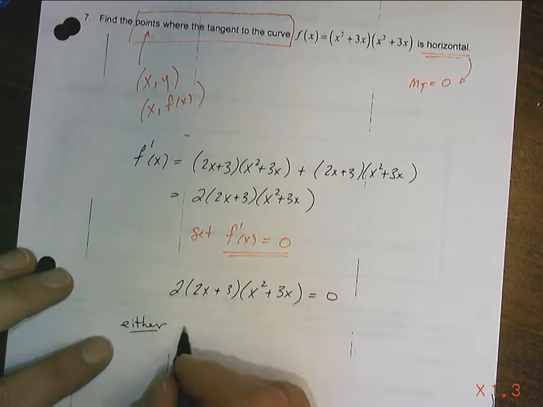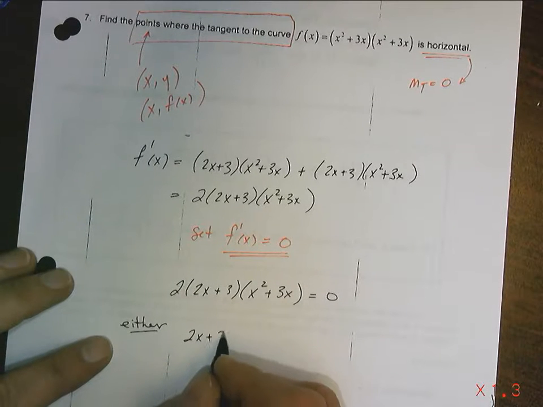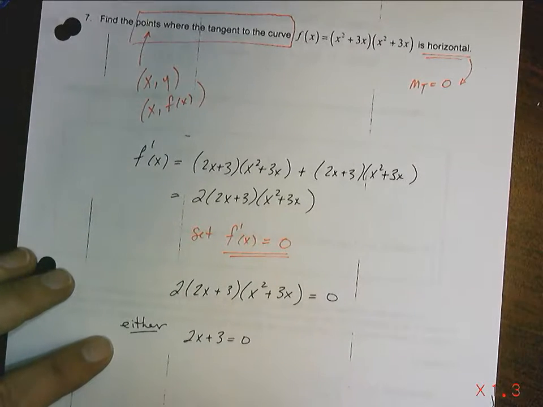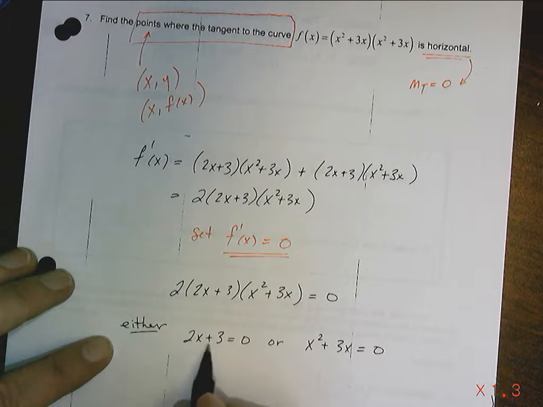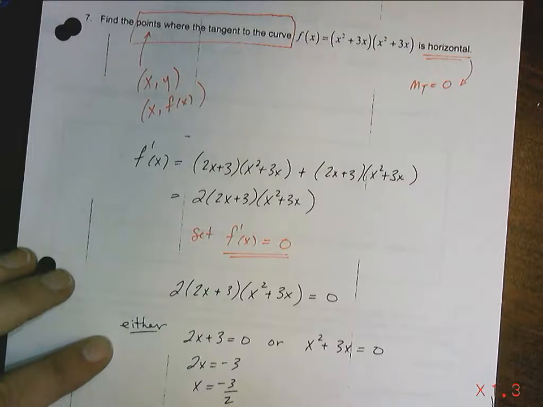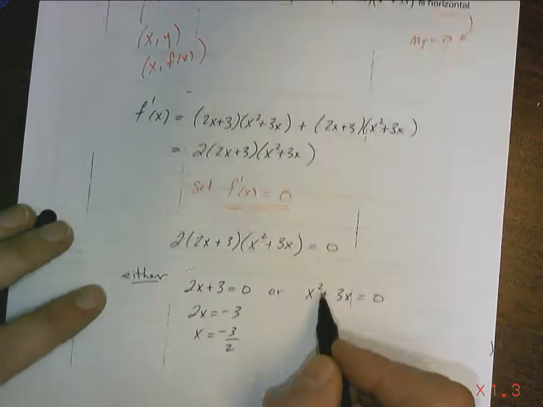So that means either this term has to equal 0 or this term has to equal 0. Well, the only way this term is going to equal 0 is if x equals negative 3 over 2. So that is an x value that will give me an associated y value where the slope of the tangent is horizontal.